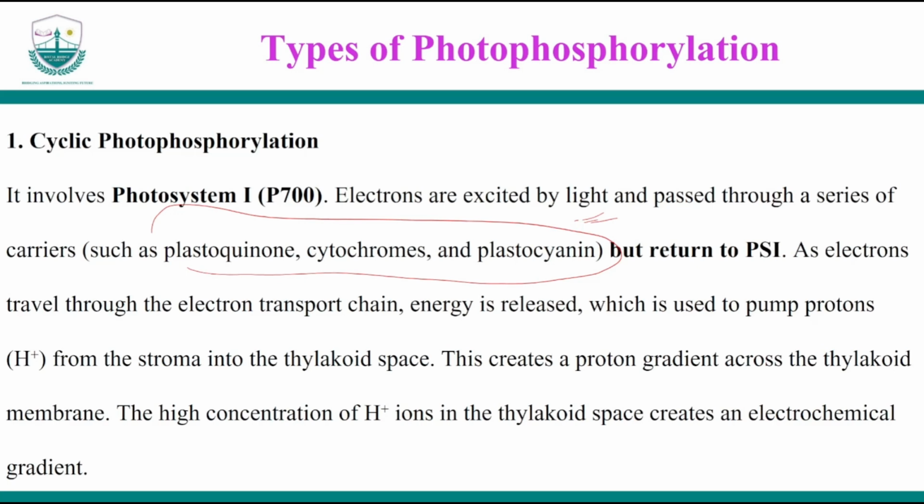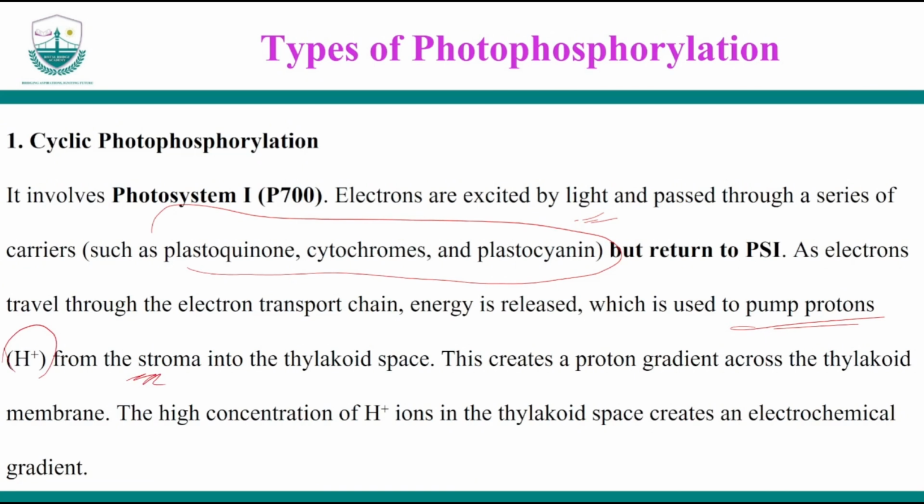Okay, so as the electrons are moving through that electron transport chain, you will have energy being released, and that energy is sufficient to drive the proton pump, which will pump the protons from the stroma into the thylakoid space.